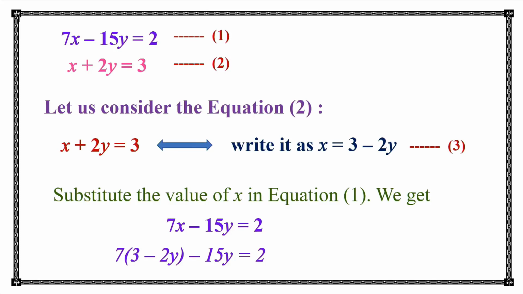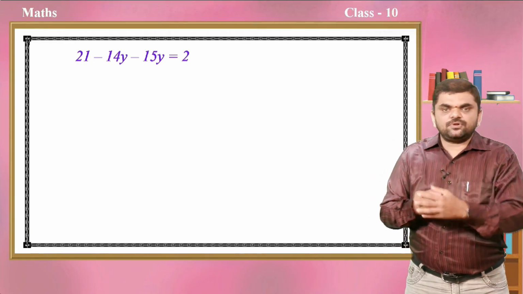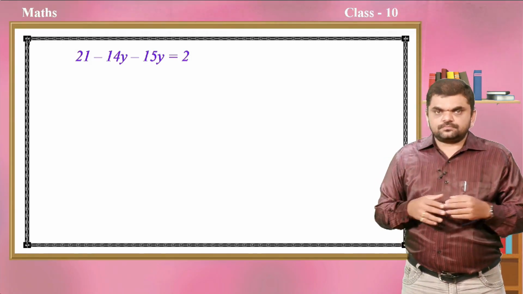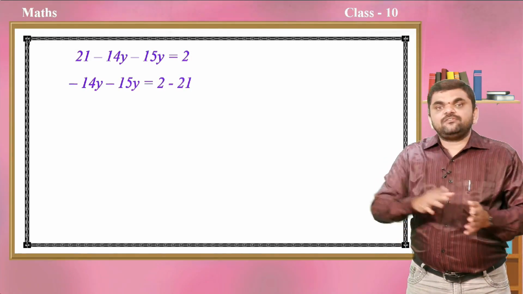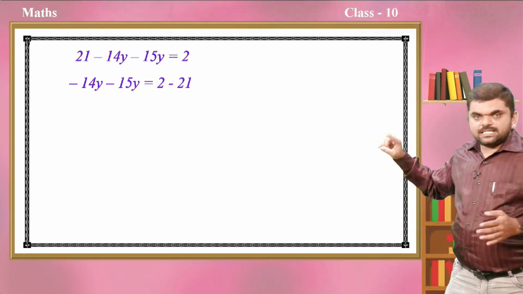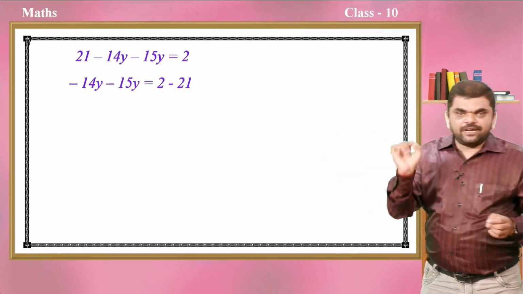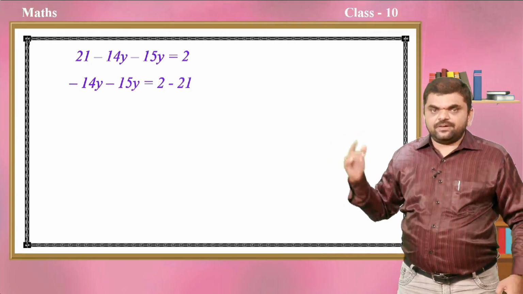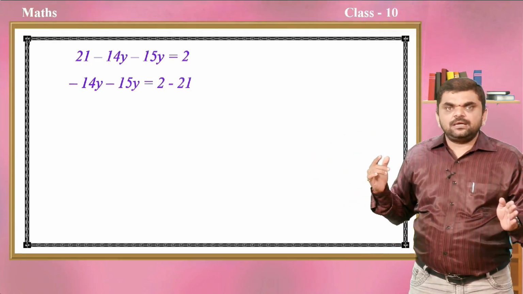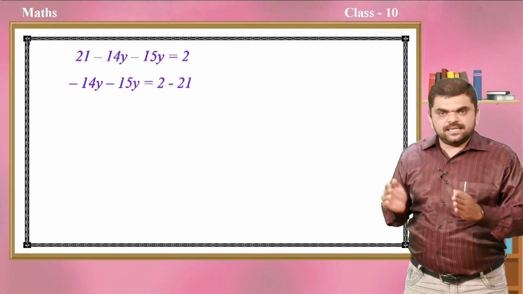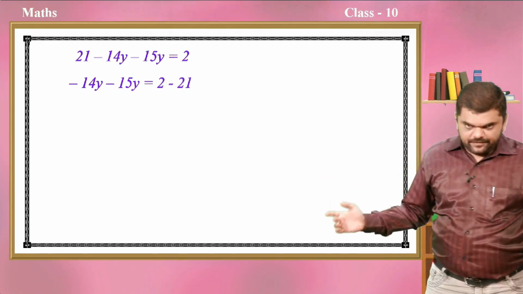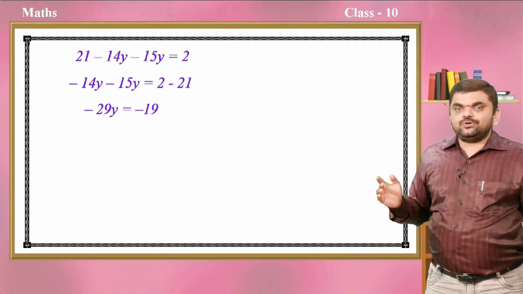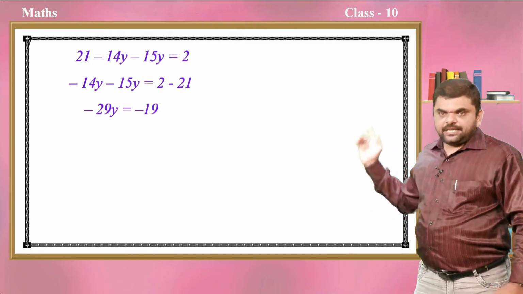We get 21 minus 14y minus 15y is equal to 2. Transfer 21 to the RHS. Plus 21 becomes minus 21. So minus 14y minus 15y is equal to 2 minus 21. Minus 29y is equal to minus 19.